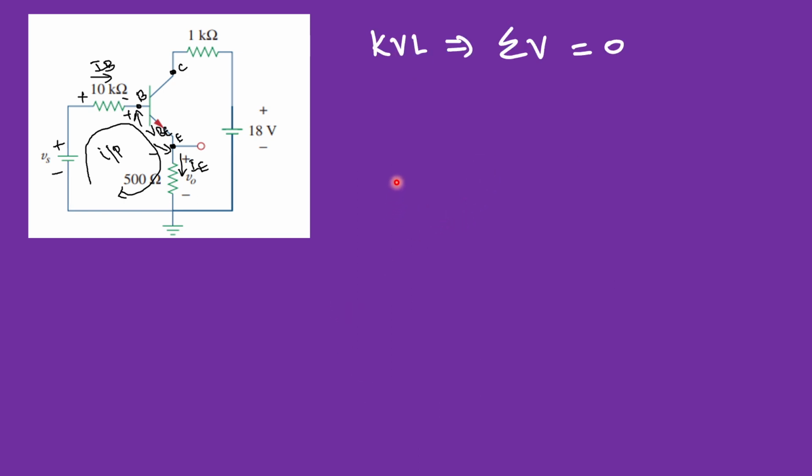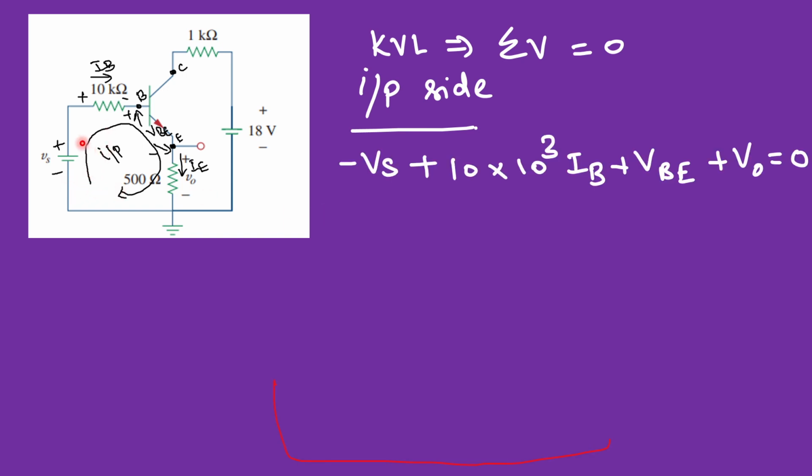Now we are going to apply KVL at the input side. What is KVL? It is the algebraic sum of the voltages in a closed loop is equal to 0. Okay, so for that we have to start from here, and then the current will be flowing in this direction and ends here. Okay, so we know all the polarities already applied, so we can now start writing this KVL at the input side.